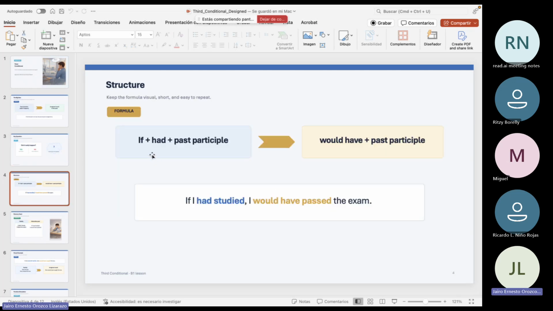Now, if comes with the auxiliary had, and then we have the past participle. This is basically past perfect, but they call it third conditional. Okay, if this happened, this would have happened. Both situations are unreal.